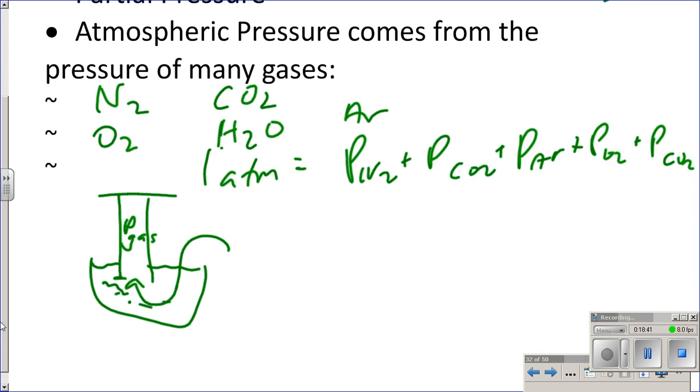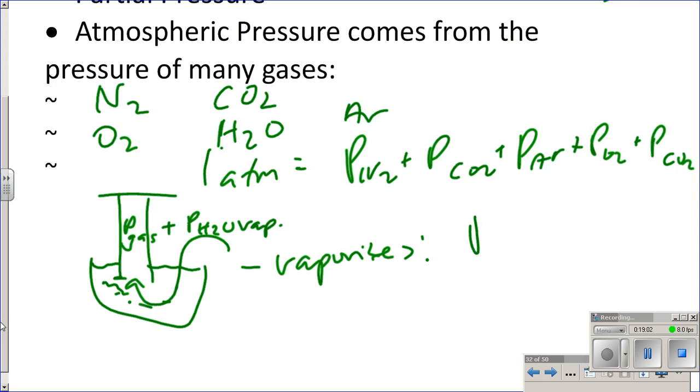The water in here vaporizes pretty easily. Meaning, when it vaporizes, it's causing a little bit of water vapor gas. So this includes the partial pressure of a gas and the partial pressure of water vapor inside that graduated cylinder. We just have to consider the vaporization of water.